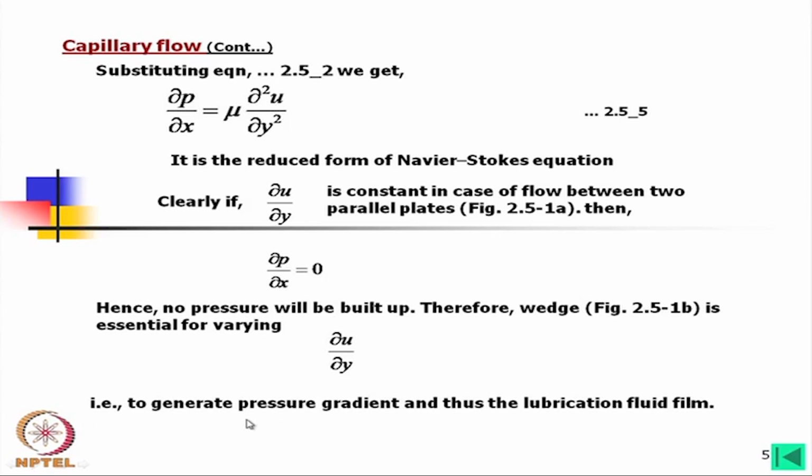That is to generate a pressure gradient and thus the lubrication fluid film. This lubrication fluid film needs a pressure gradient in the flow in the capillary passage; only then will this film be generated.